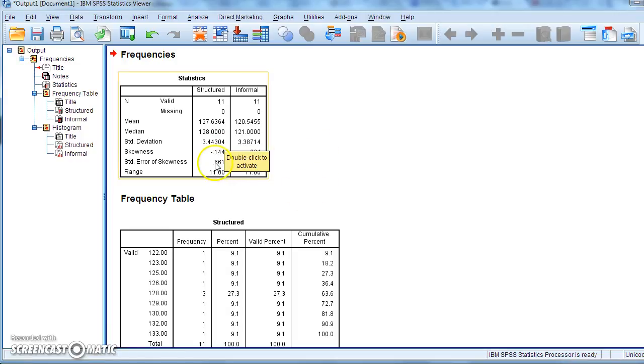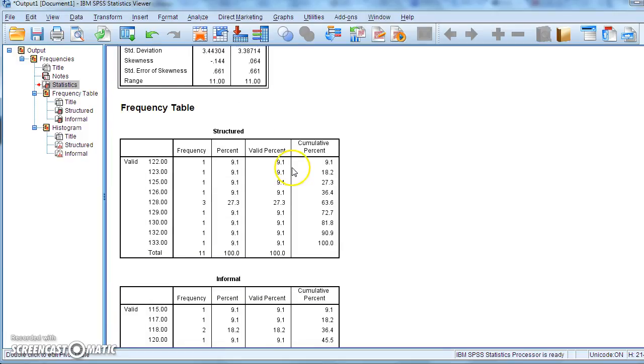And you can see here, in neither case is the skewness number twice as big as this. You can either multiply 0.66 by 1.96 and see if that's bigger than 0.144, but it's pretty obvious that it isn't. Again, ignore the minuses here. These just tell you whether the data are slightly negatively skewed or positively skewed. And in both of these cases, the data aren't significantly skewed.